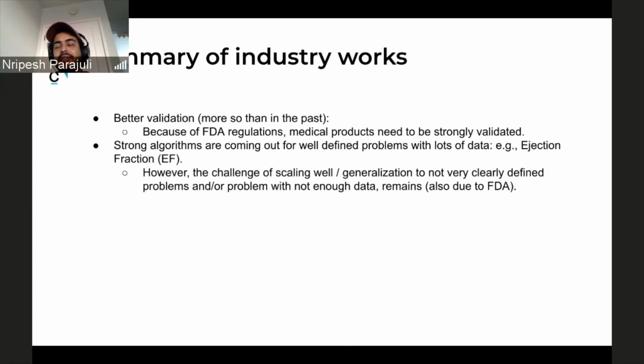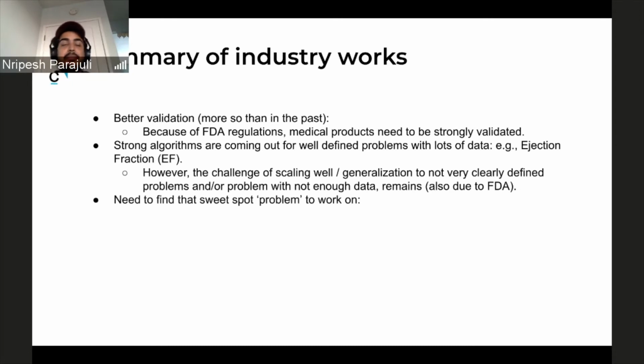But in the eyes of the FDA, it's a whole new problem and a whole new product, right? They wouldn't be happy with us saying, oh, we just made a little tweak. Are you going to be happy with a very minimal validation effort? No, that's not how it works. So it's hard to generalize because of this.